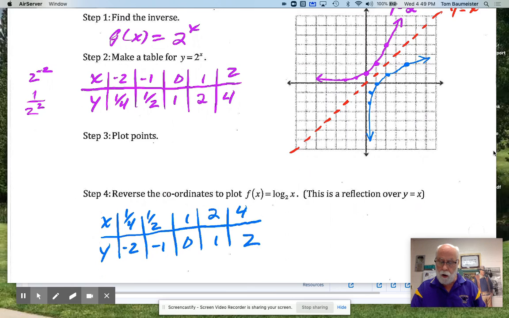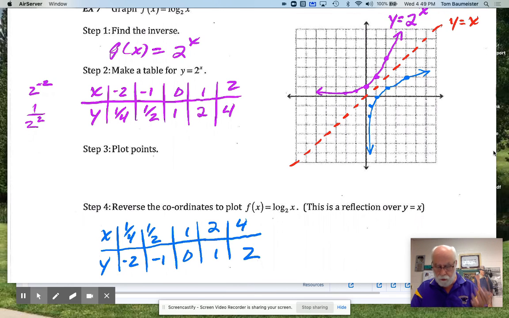Now I want you to think here, did it really do what we asked it to do? Let me show you on a couple of them, and I'll use a different color. Remember, when I plot a point over the line y is equal to x, I can see if it's the right point because I can move over to the line.